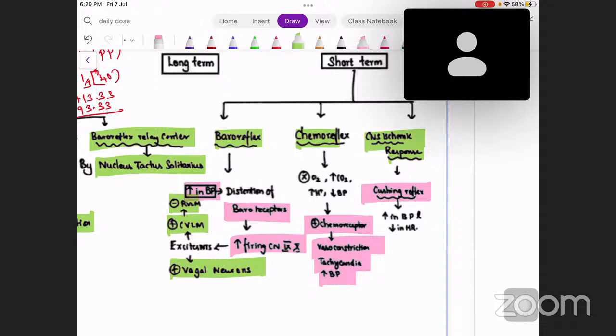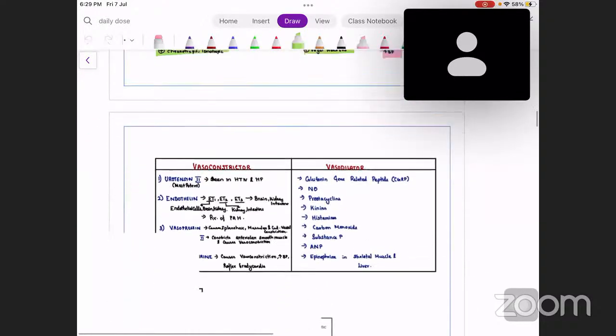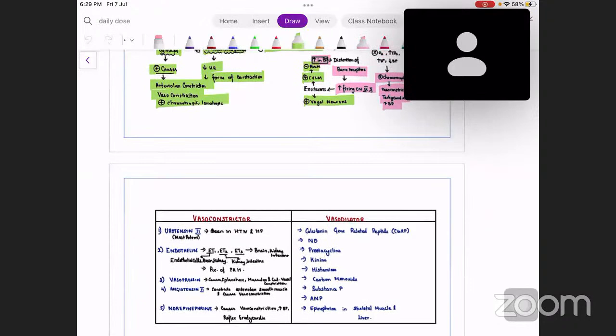Apart from that, these are the important things you have to know in terms of your CVS. There are also certain vasoconstrictors and vasodilators, which are straight mug-up points. Urotensin 2, endothelin, vasopressin, angiotensin 2, and norepinephrine are constrictors, while nitric oxide, CGRP, prostacyclin, histamine, carbon monoxide, substance P, and epinephrine in the skeletal muscle and liver are the vasodilators.